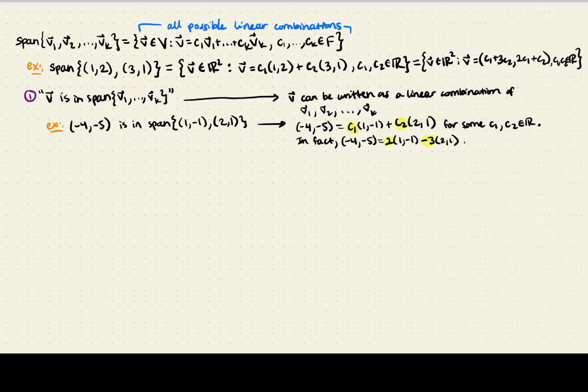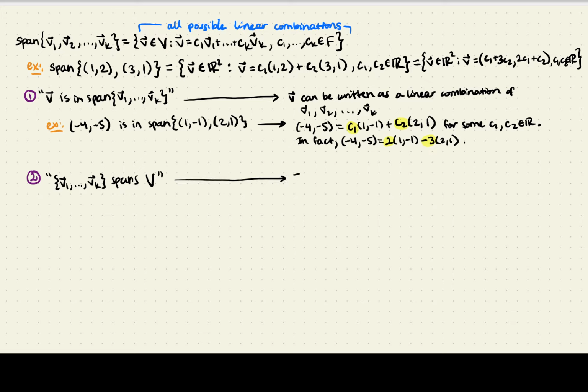Okay, the next phrase that I want to help us digest, phrase number 2, is if you hear that a set of vectors v1 to vk spans some space, I'll call it V. The set spans V. What does that mean?